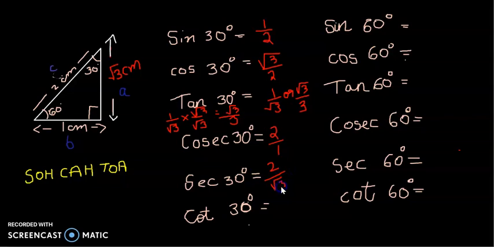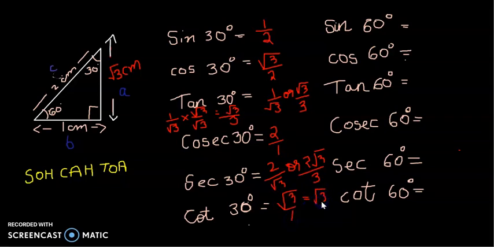Here also you can rationalize the denominator by multiplying both numerator and denominator by square root 3. So it becomes 2 square root 3 over 3. You can write either 2 over square root 3 or 2 root 3 over 3. Cot 30 is the inverse of tan 30. So 1 over square root 3 becomes square root 3 over 1, so it is square root 3.